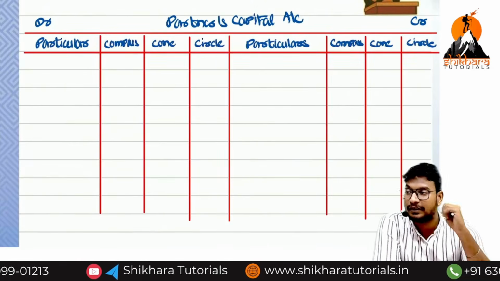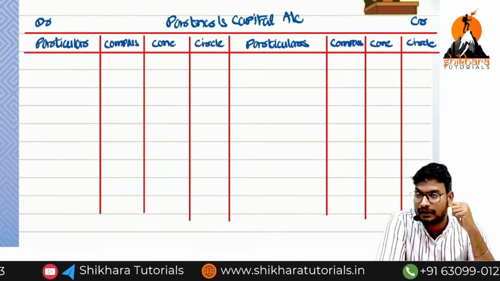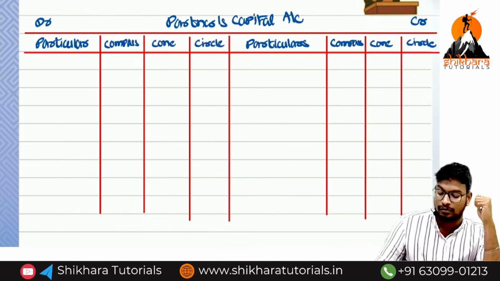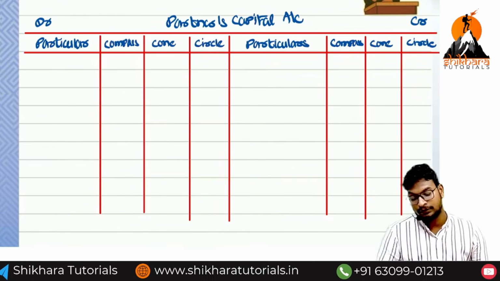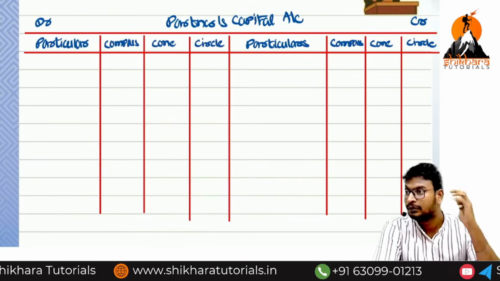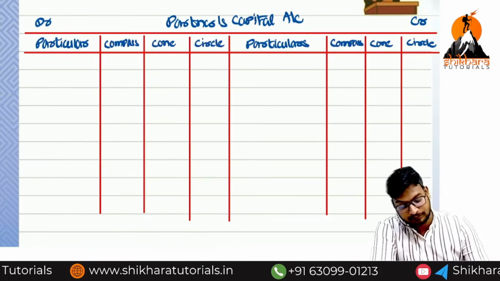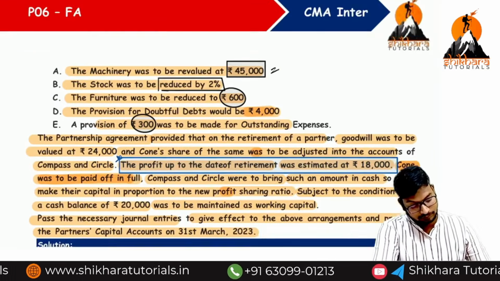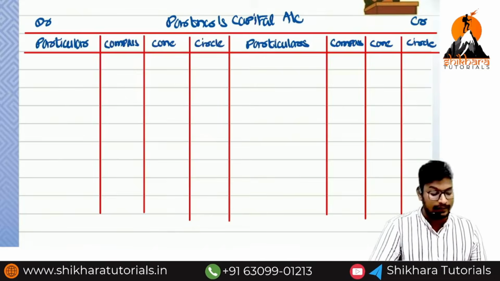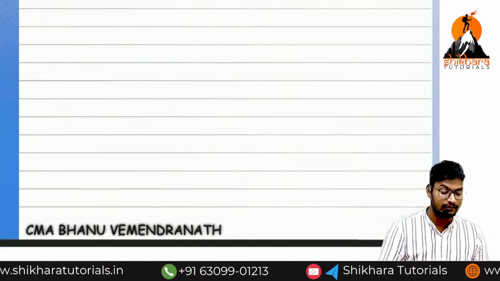Next, what we need to find out? First, the gaining ratio. Goodwill, have they given or not given? Given, no. 24,000 is the total goodwill. Okay? So once we complete the calculation, we can easily post everything.